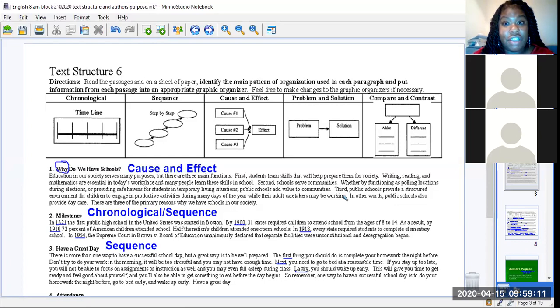And who knew it took Auntie Rona and Uncle Virus for us to get to this point, right? But nonetheless, we're here and I'm very grateful. All right. So with all that being said, if there are no more questions about text structures, I would like to go ahead and move forward with author's purpose.